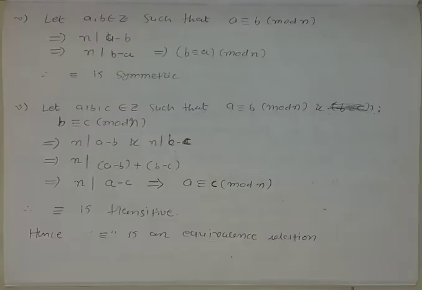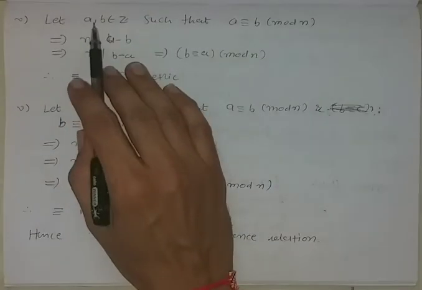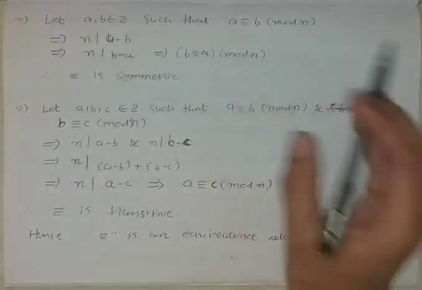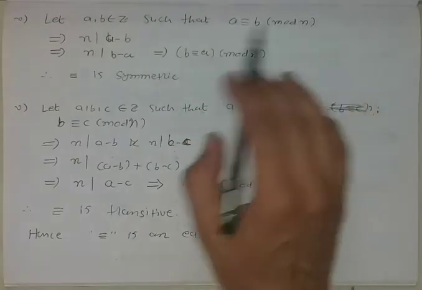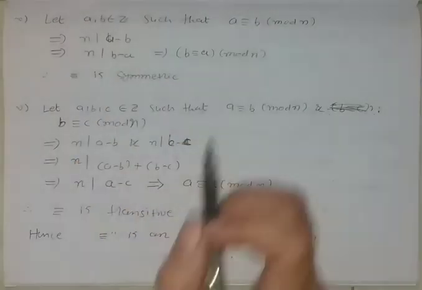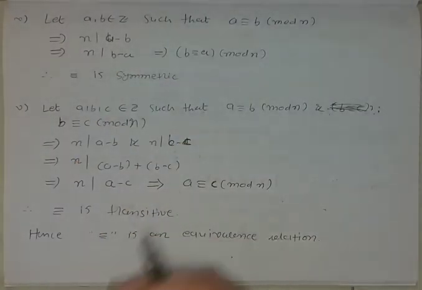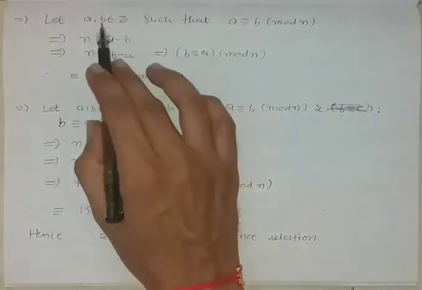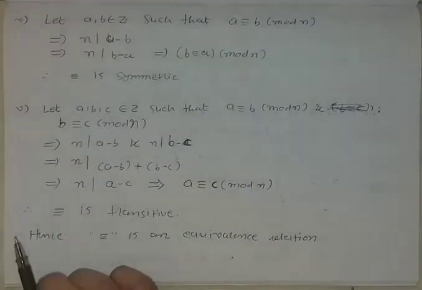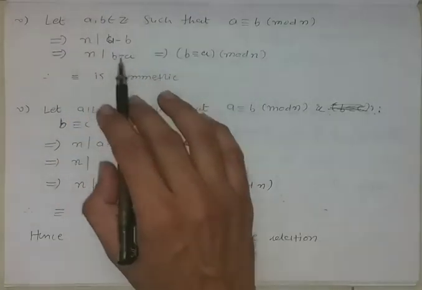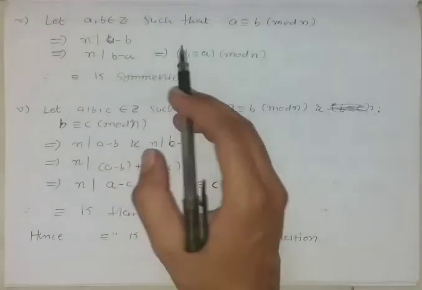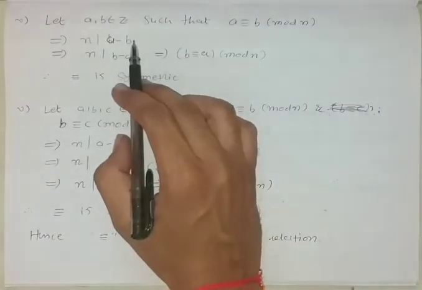Now next, let A, B belong to Z such that A is congruent to B modulo N. This implies that N divides A minus B. Now A minus B belongs to Z and is divisible by N, so B minus A also belongs to Z, because there is just a change of sign.